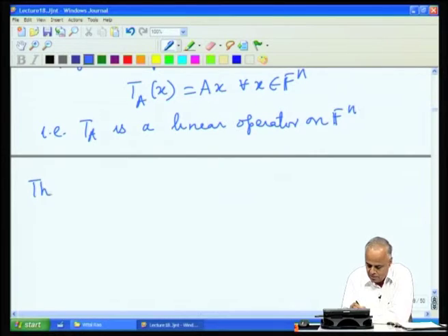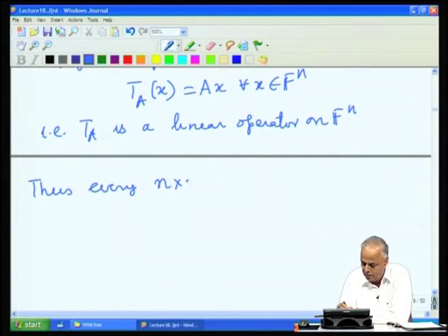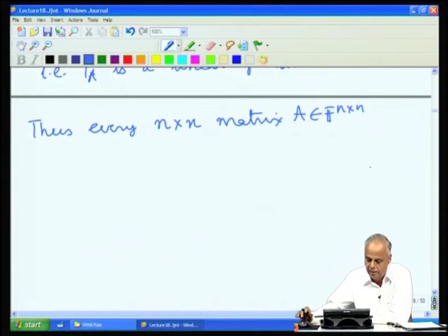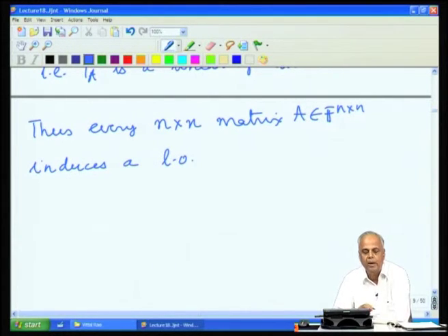So, thus every n by n matrix A in F^(n×n), where all the entries are from the field F, induces a linear operator, we will write LO for linear operator, on Fn.